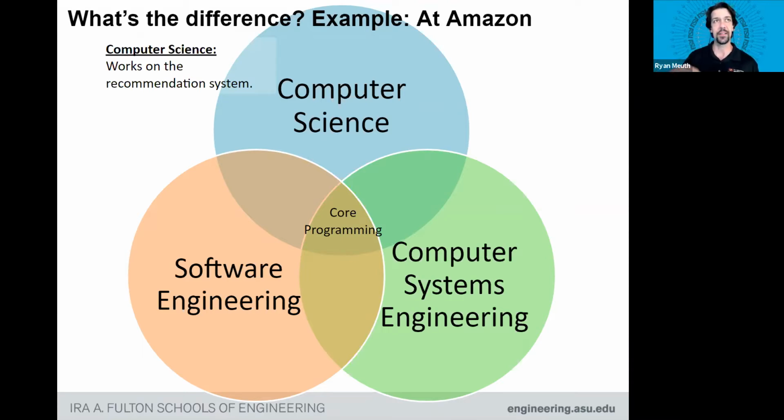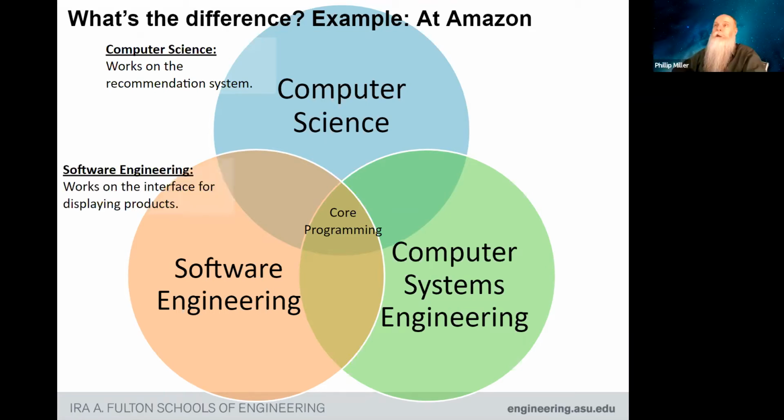And this might be based on artificial intelligence, or it might be based on a simple probabilistic model or something like that. But a computer scientist worked on how to design that algorithm and analyzed its behavior to see if people actually buy things off of that list, or if it's irrelevant or something like that. So there's a significant component of data analysis and working with data and designing algorithms to manage large amounts of data.